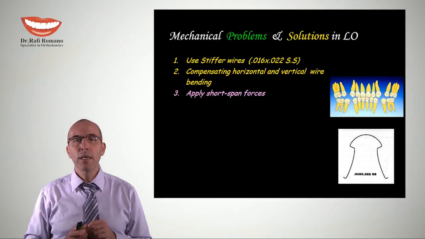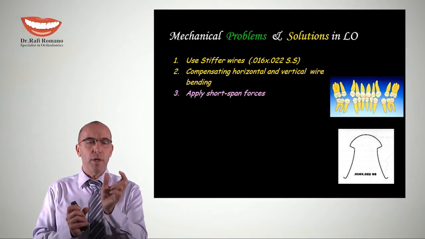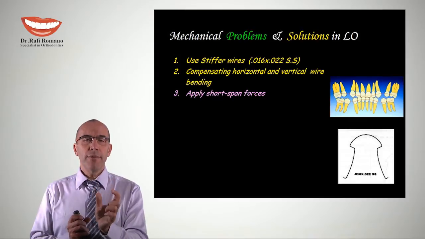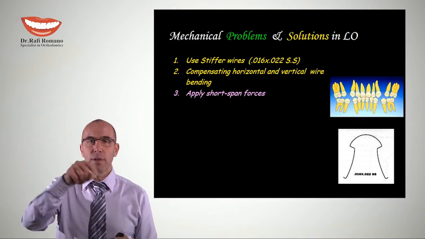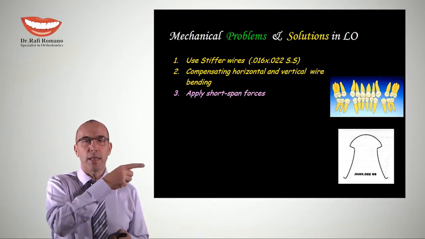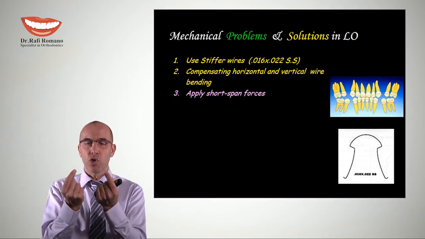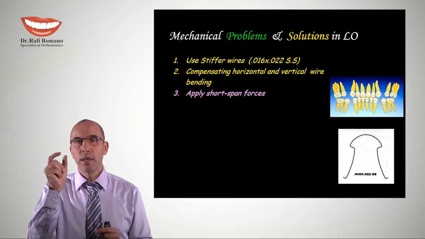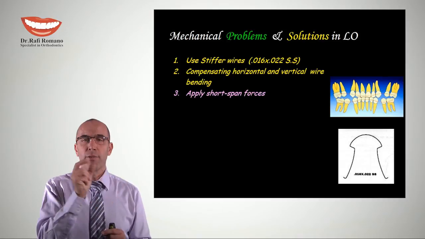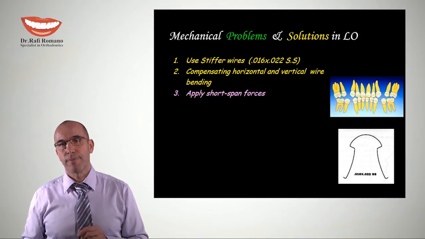The third one is to apply force over a very short span. If we want to close spaces, we can ligate the front teeth with a figure 8, ligate the back teeth, and then apply a short power chain between premolar and cuspid, or between premolar and molar if we extract second premolars.